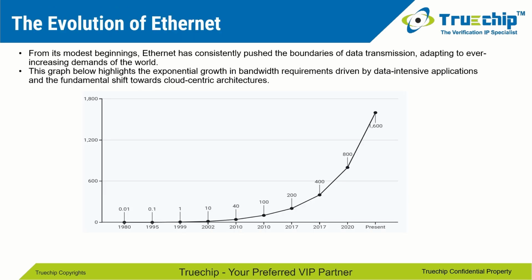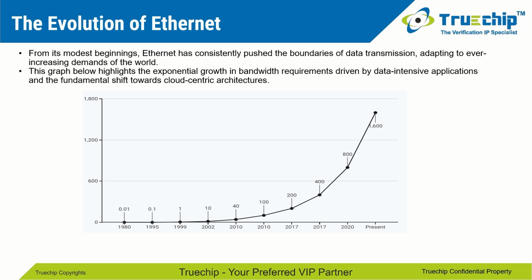Now, let's discuss the evolution of Ethernet and how Ethernet grew over the years. From its modest beginnings, Ethernet has consistently pushed all the boundaries of data transmission, adapting to the ever-increasing demands of the world. This graph below highlights the exponential growth in bandwidth requirements driven by data-intensive applications and the fundamental shift towards cloud-centric architectures.